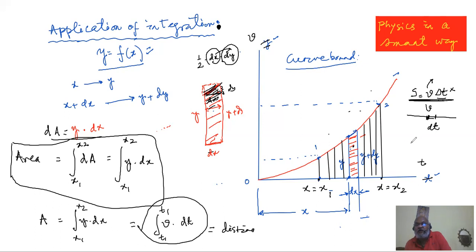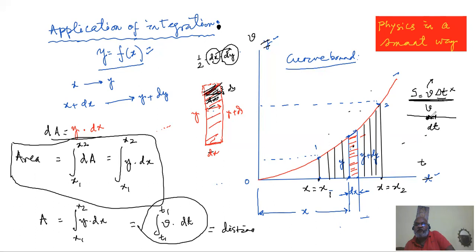And because dt is very small, we cannot expect the velocity to be changing drastically. So practically, if a student assumes that velocity remains the same within that time interval dt, then he or she is not making a great error. And that permission is given to us by mathematics.